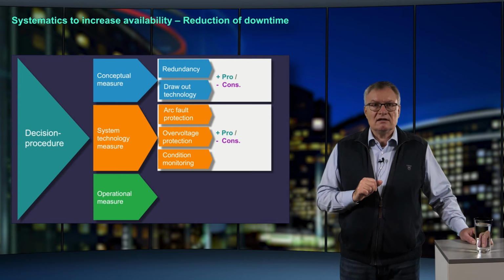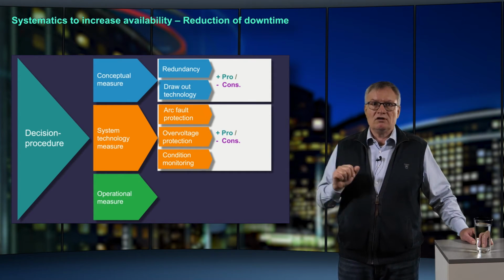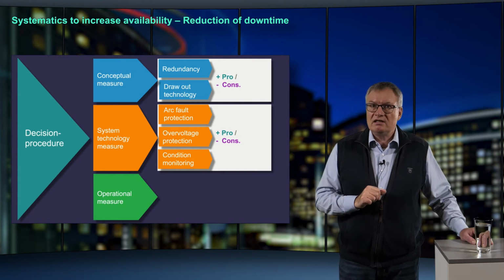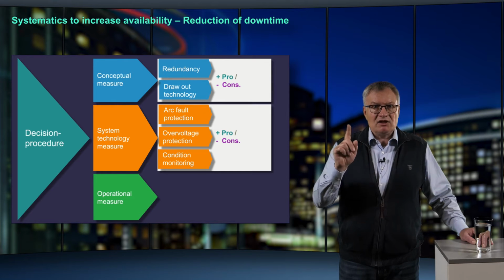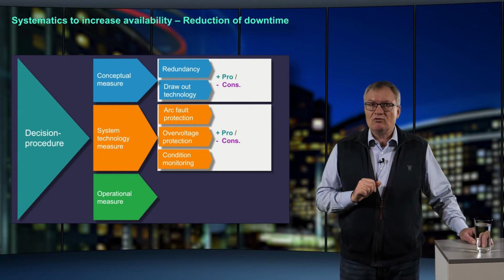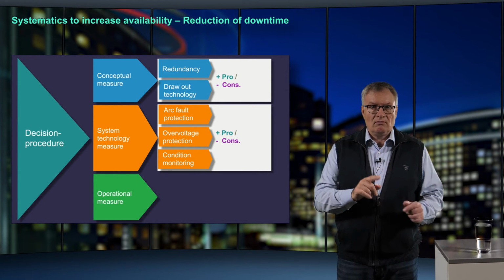System-related measures such as manufacturing integrated arc fault protection or condition monitoring reduce the probability or impact of power breakdowns. If these measures are being taken into account during the planning phase, the additional costs are low.